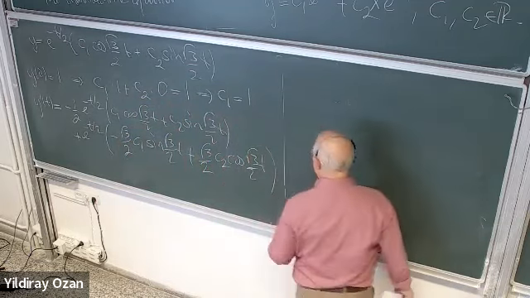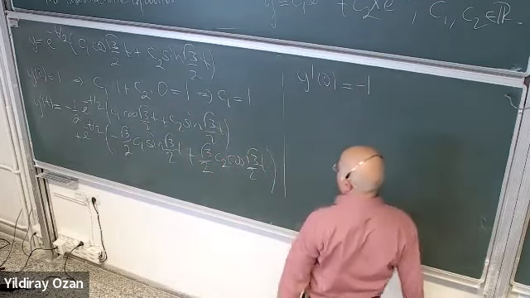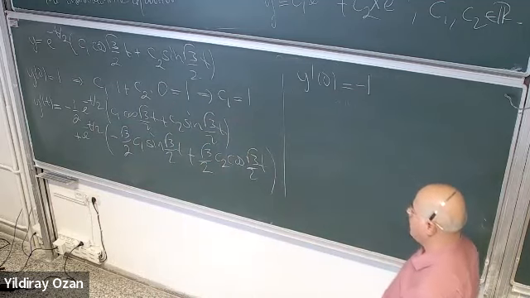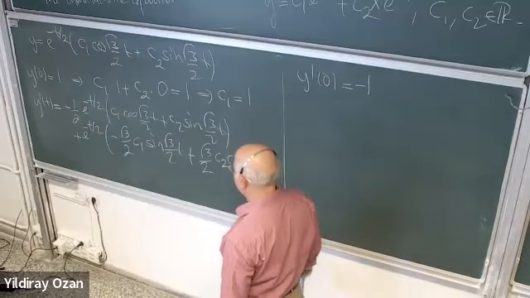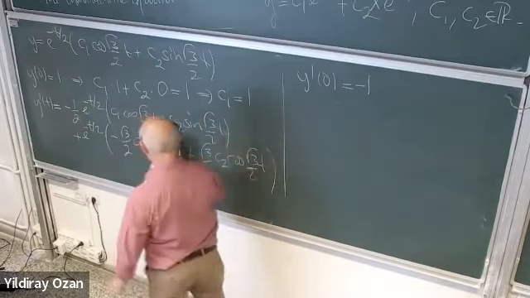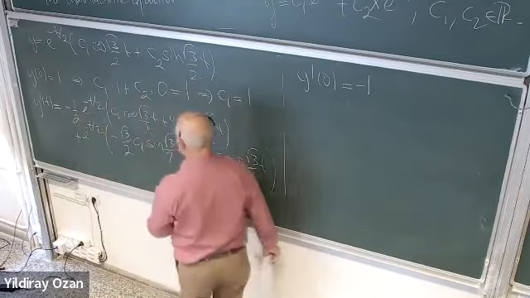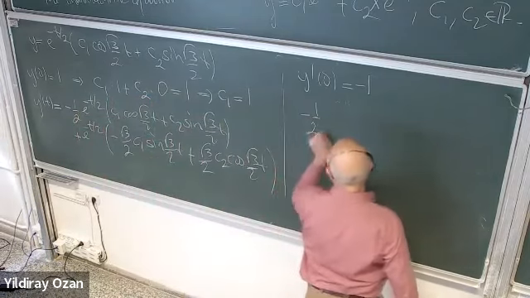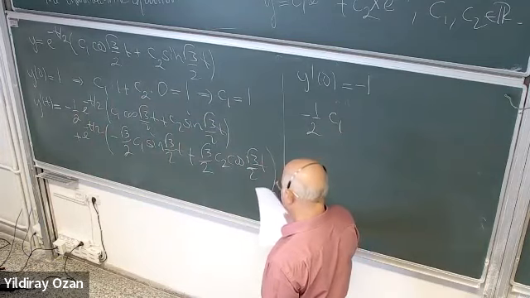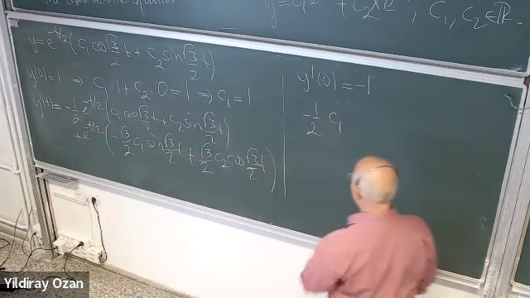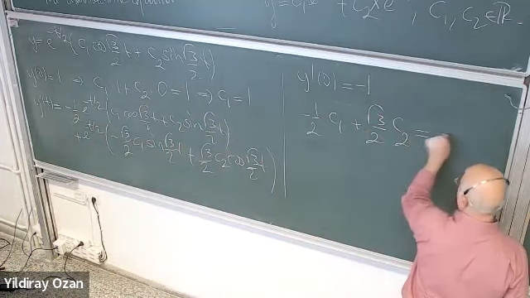All right. Now, the second condition was this. So when you plug 0 here, you get 1 here, 0 here. Therefore, from here we get minus 1 over 2 C1, and from here root 3 over 2 C2 equals minus 1.